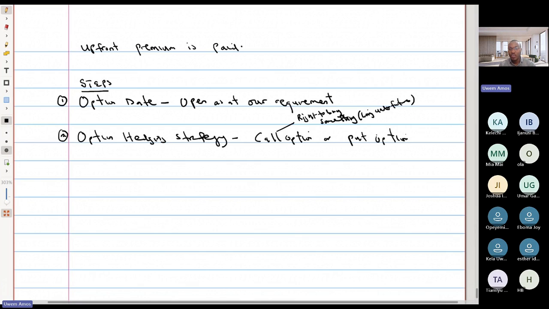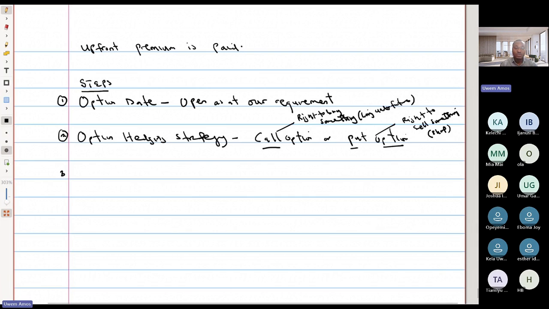The put option is the right to sell something. And if you are selling something, based on what we discussed under futures, that would be a short position. But in options, we call it a call option or a put option.